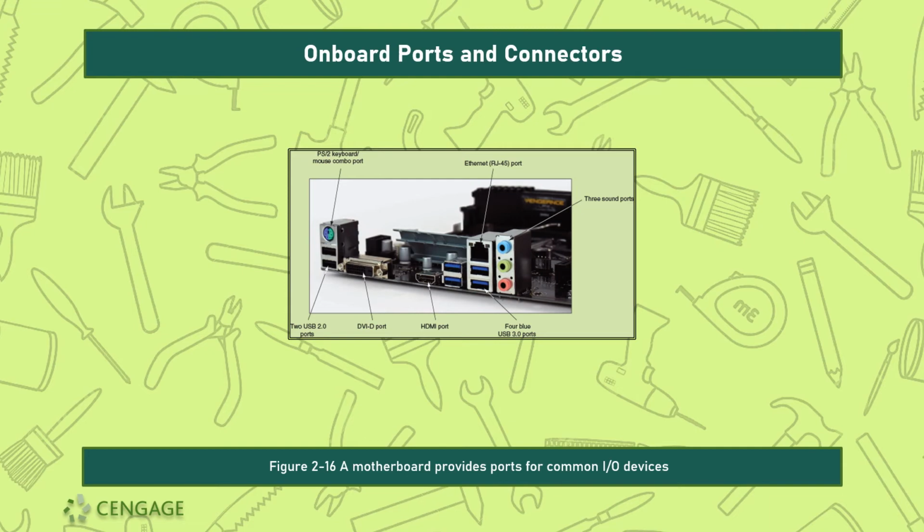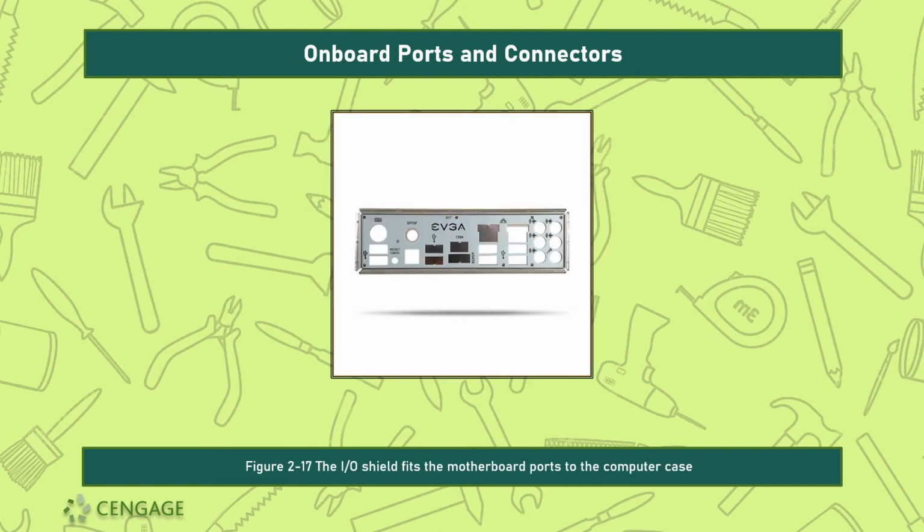I don't think it's a full ITX at this point, but you can see that there's 2 different graphics ports. One is DVI, one is HDMI, which, for those in the know, HDMI is a form of DVI. And then of course you can see that you've got USB 2.0 and 3.0. 3.0 shows up as blue. And then the I/O shield fits the ports to the case, to make sure that there's minimal loss of airflow.